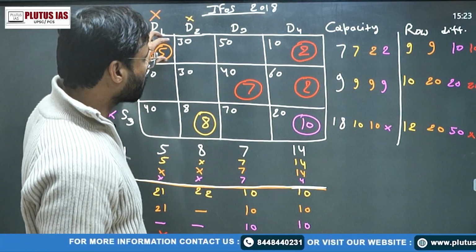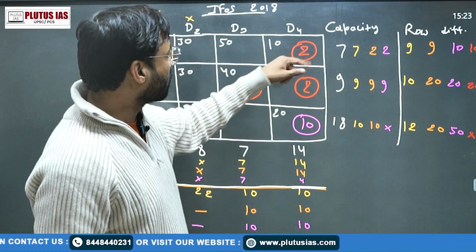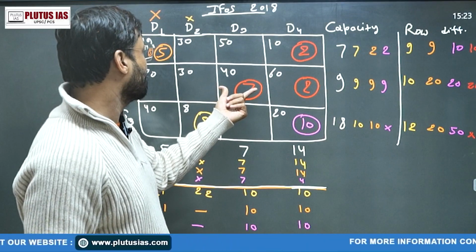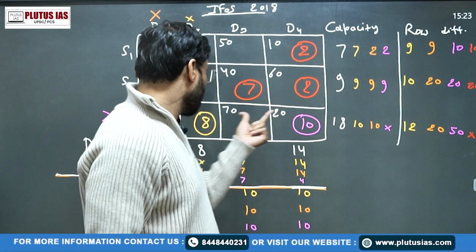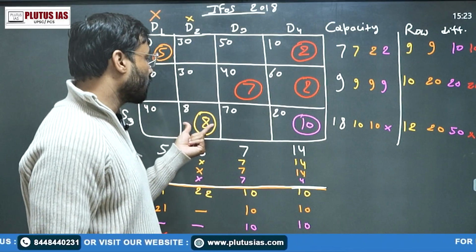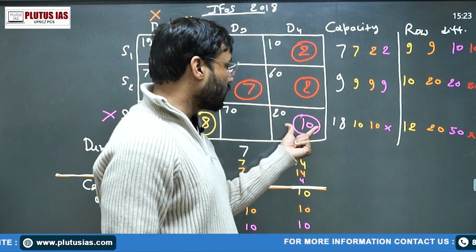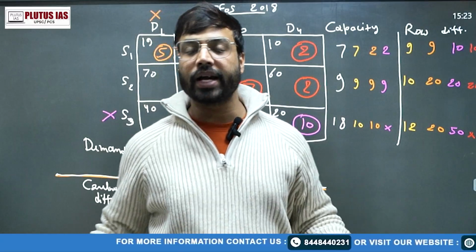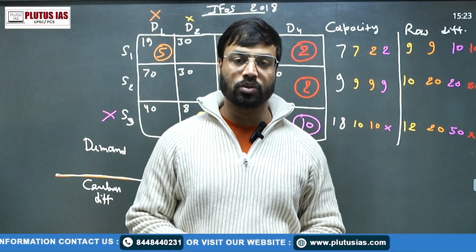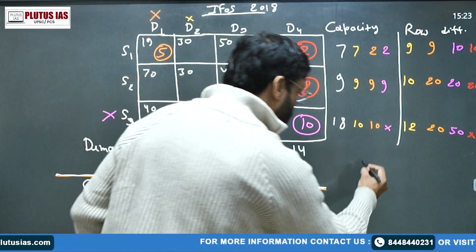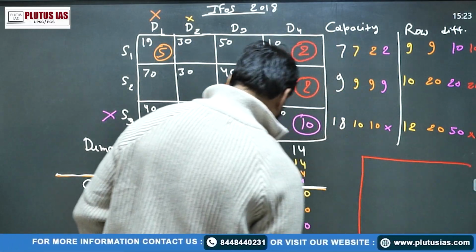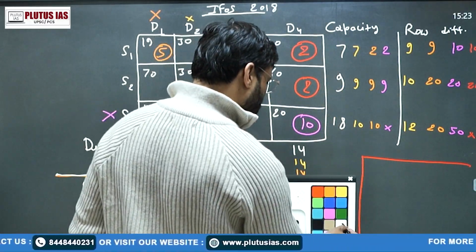So x11 equal to 5, x14 equal to 2, x23 equal to 7, x24 equal to 2, x32 equal to 8, and x34 equal to 10 is our required initial feasible solution by Vogel's approximation method. So you can write the solution here.